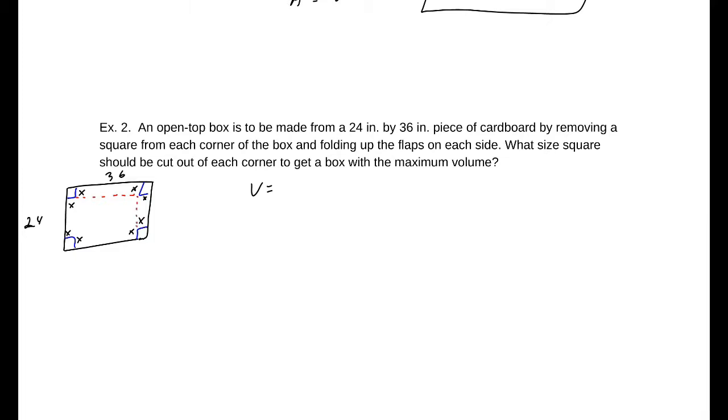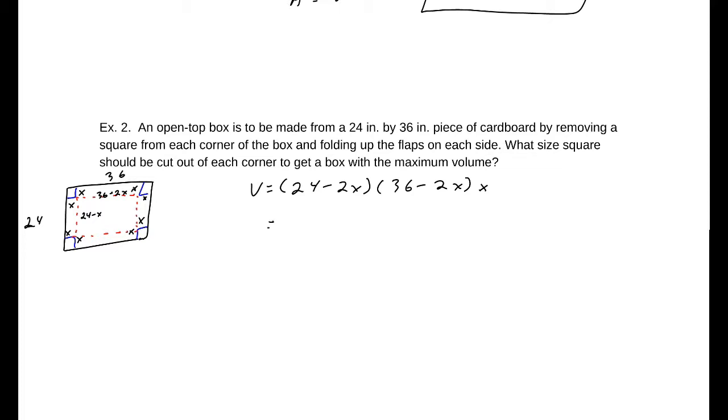Here is the bottom of our box, and the dimensions of that box are 24 minus 2x, because we're taking x out from each side. The width here is 36 minus 2x. And the height of that box, once we fold those flaps up, that's going to be x.